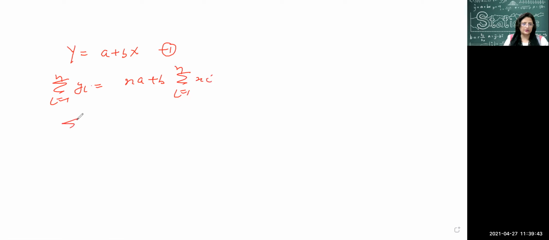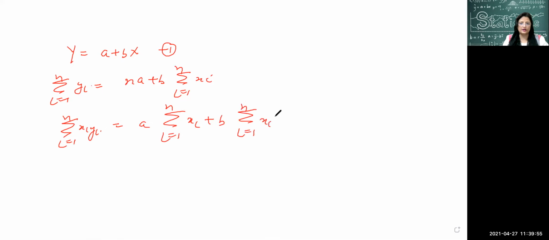And the third equation is summation I running from 1 to n xi yi is equal to a into summation I running from 1 to n xi plus b into summation I running from 1 to n xi square. So these we have got, this we have assumed, and from this equation number 1 we have derived equation number 2 and equation number 3.